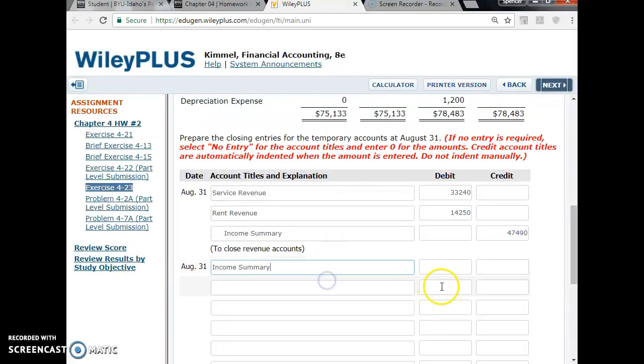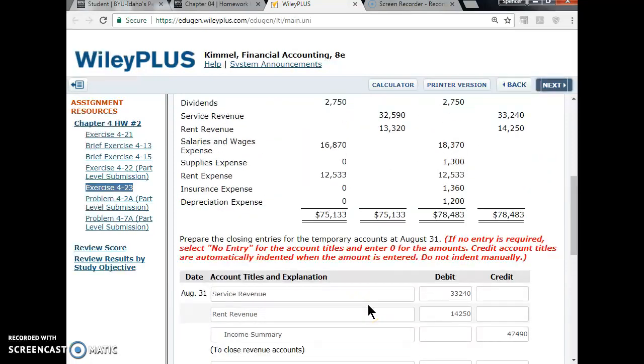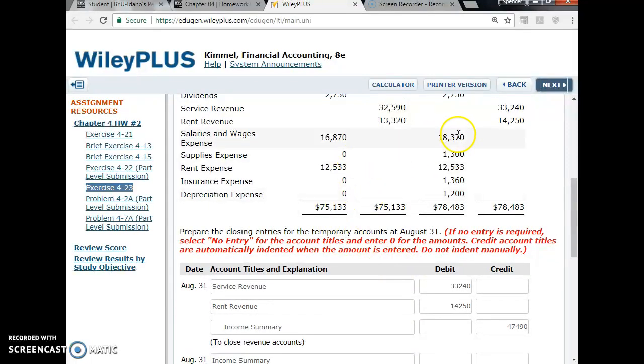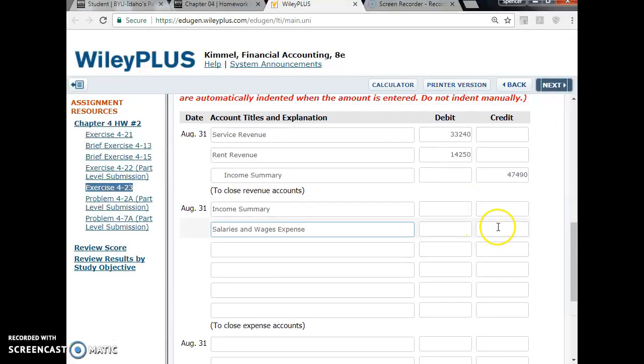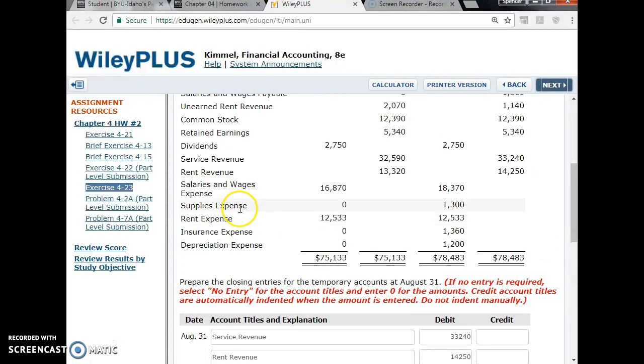We don't know the sum of all the expenses yet, but we'll get to that. The first expense we have is salaries and wages. Okay, and then the after adjustment value is 18,370. Okay, credit that, and we're going to credit all of these expenses to zero them out.